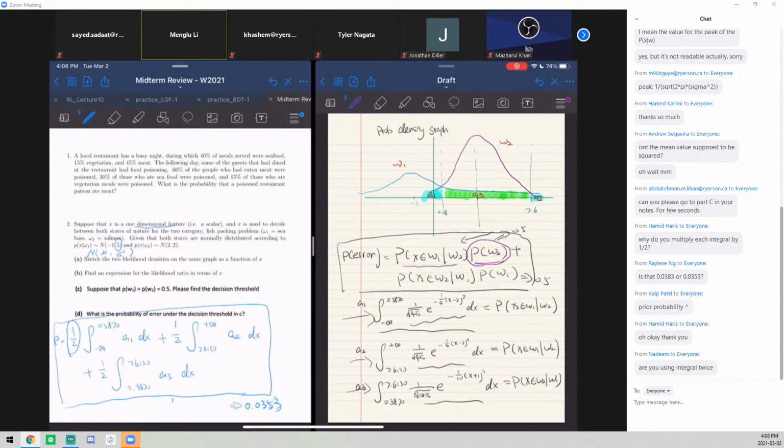I didn't use the integral twice. For each area, I just use it once. For area 1, I use it once, and for area 2, just once. For each area, I use integral to calculate the area.